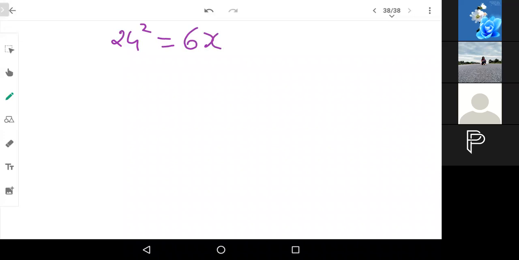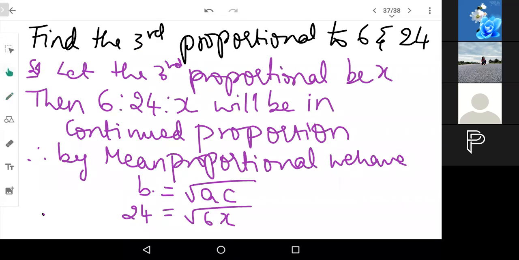Why 6 by 24 and all? Lakshmi, what are you trying to do? We are not dividing it, my dear. Okay, you people are getting confused. Listen properly. 6 is to 24 is to X. Correct? If you were getting it like 6 is to 24 is equal to 24 is to X, that is a different way.